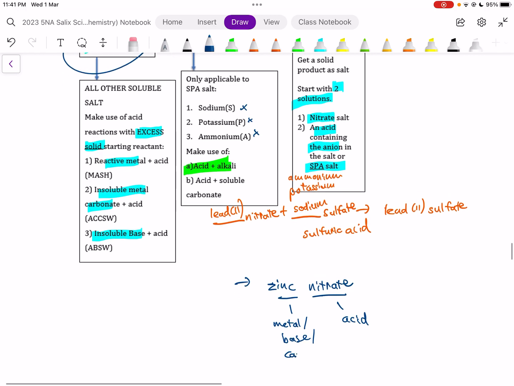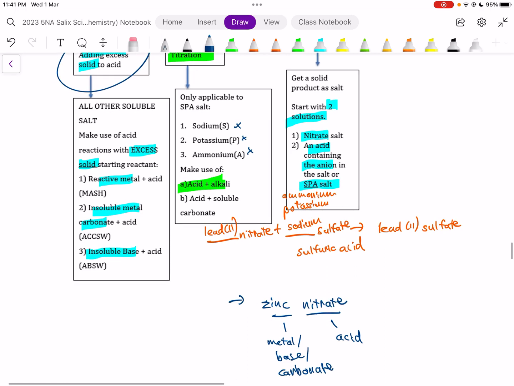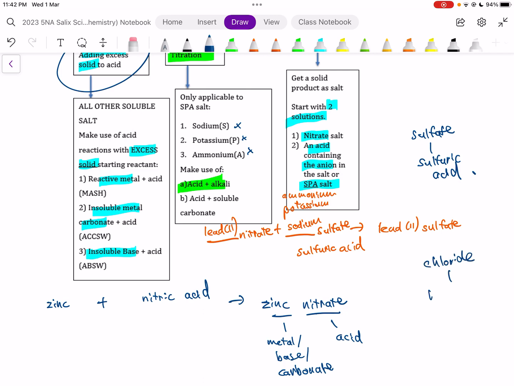You don't have to copy this down first. So if you want zinc nitrate, the acid would be nitric acid, since it's a nitrate salt. If I want sulfate, I use sulfuric acid. If I want chloride salt, then I use hydrochloric acid.